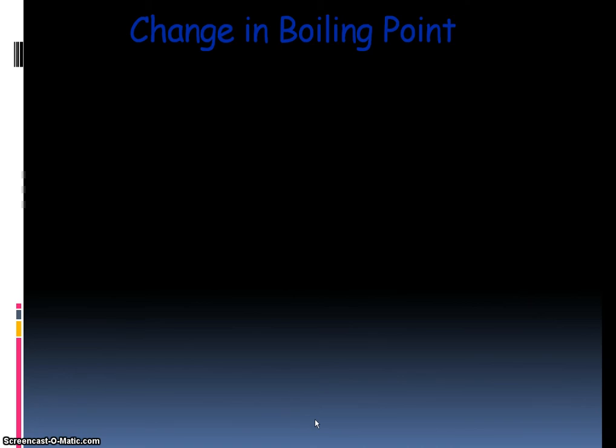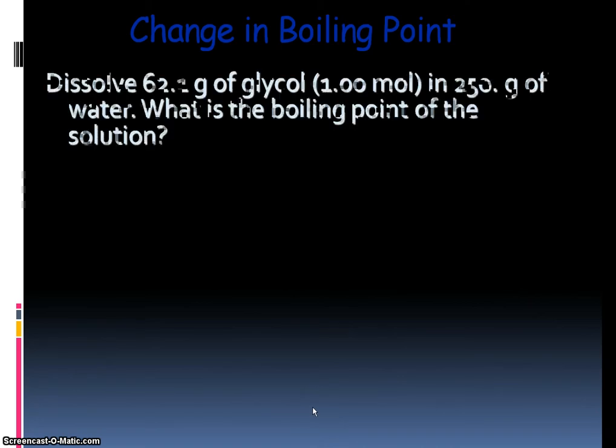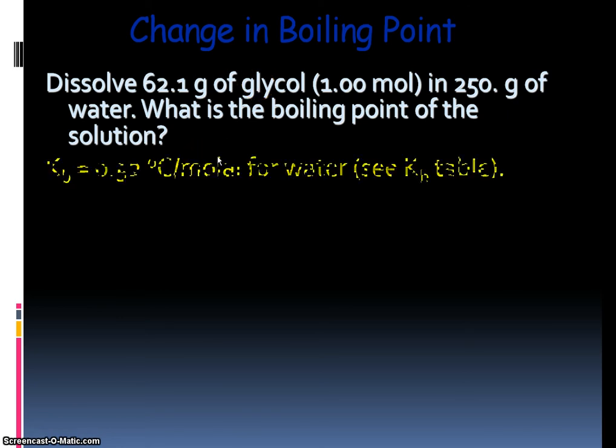All right, so let's try some problems here. A change in boiling point. You can dissolve 62.1 grams of glycol, 1 mole, in 250 grams of water. What is the boiling point? Well, we already know what the molality is of this because we did it earlier in this PowerPoint. It is 4 molal. If we look at the chart that we just did on the past screen, or if we've written down, for water, the Kb is 0.52 degrees Celsius per molal.